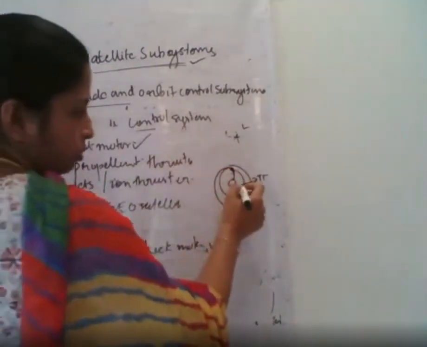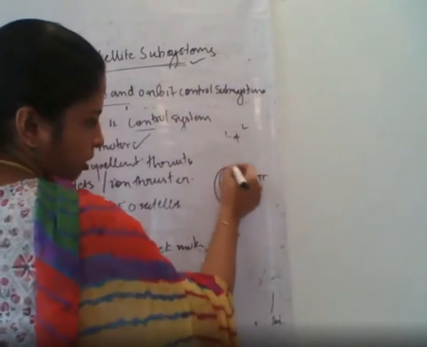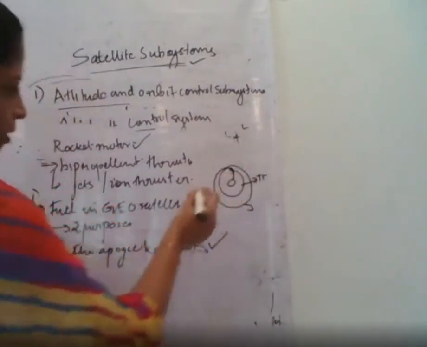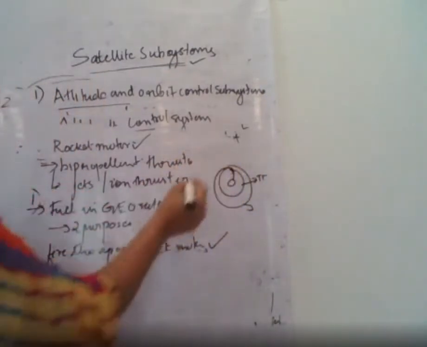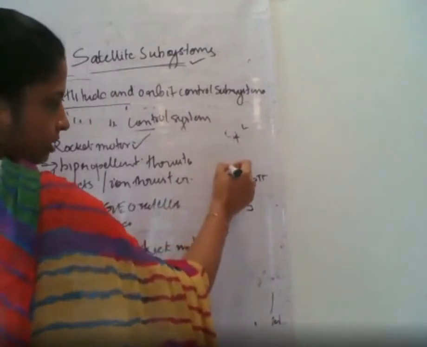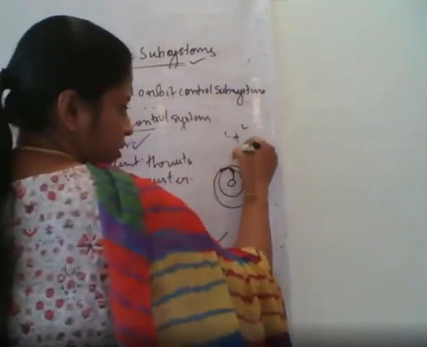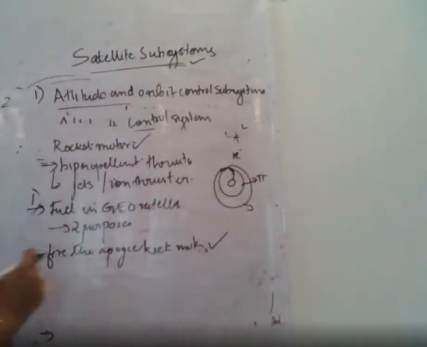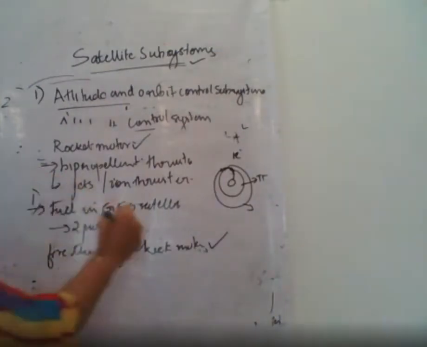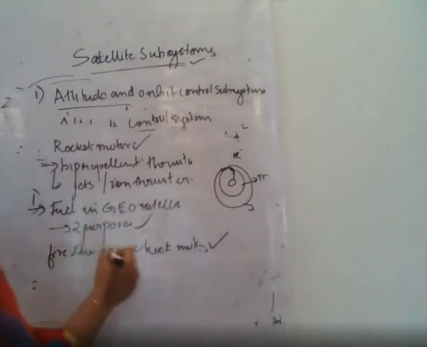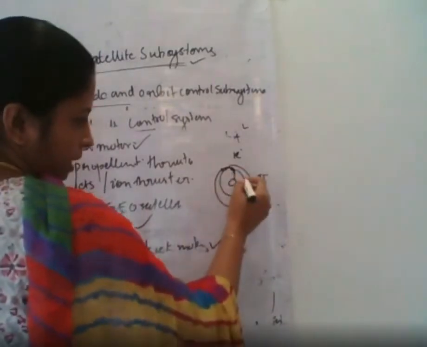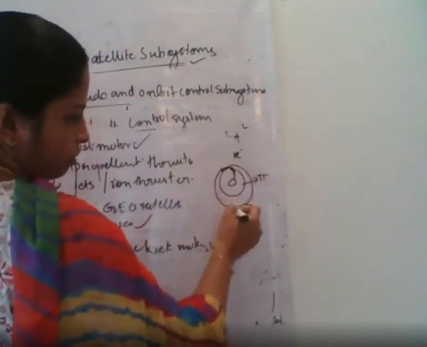In order to place the satellite in the final orbit from the transfer orbit, at the apogee kick point, we fire the motor so that the satellite is kicked off to the final orbit, that is, from transfer orbit to final orbit. So fuel in GEO satellites is used for two purposes. That is to fire the apogee kick motor, to place the satellite from transfer orbit to final orbit.